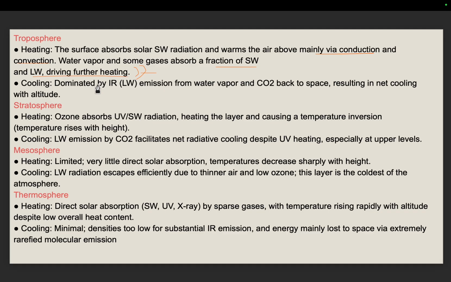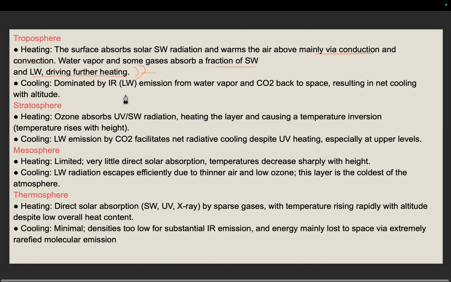Troposphere cooling is dominated by infrared radiation from water vapor and carbon dioxide back to space, resulting in net cooling with altitude. In the stratosphere, cooling is mainly by long wave emission by carbon dioxide, which facilitates net radiative cooling despite UV heating, especially at the upper levels.